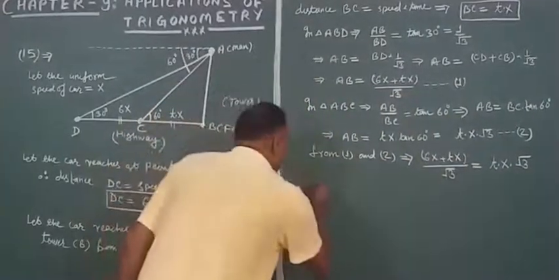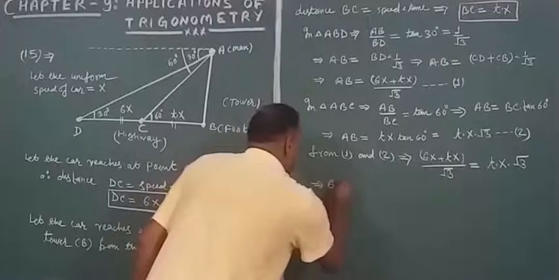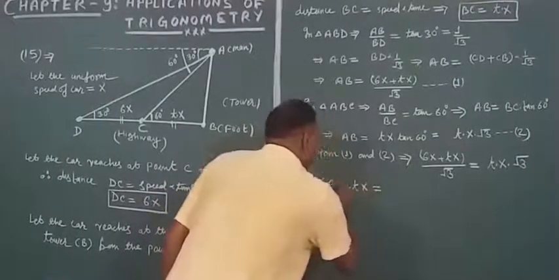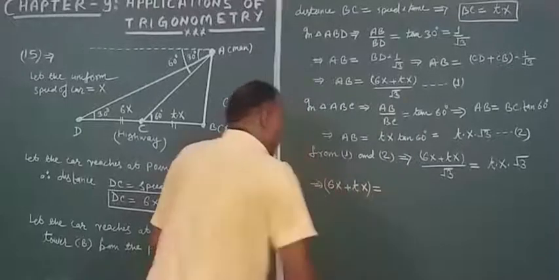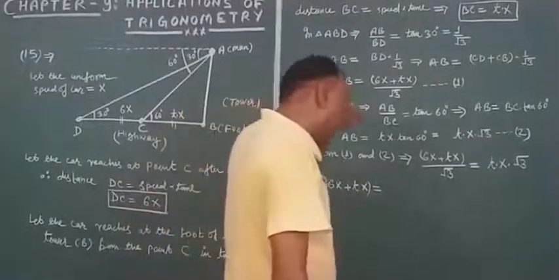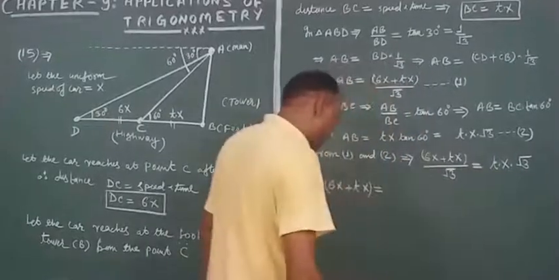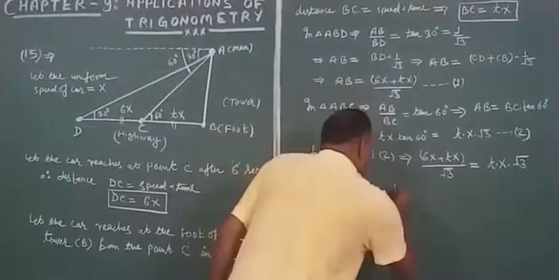So what will happen? 6x plus TX is equal to TX into under root 3 into under root 3. This under root 3 will be multiplied here.